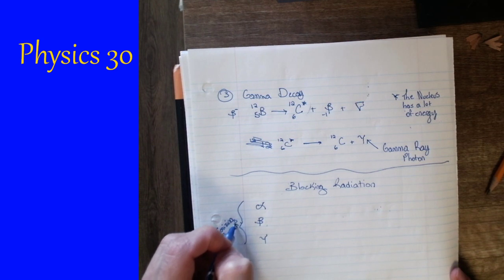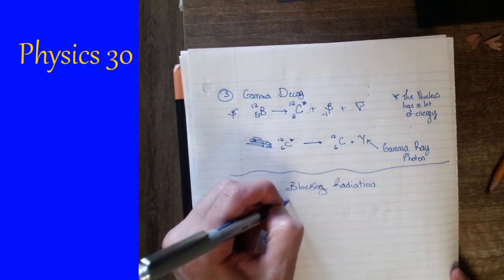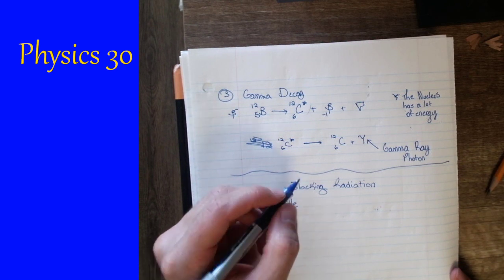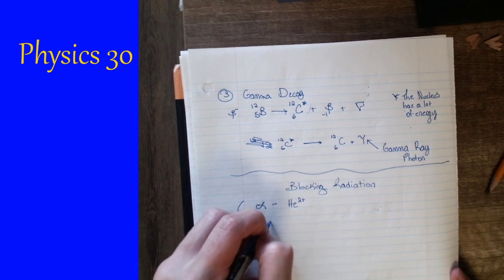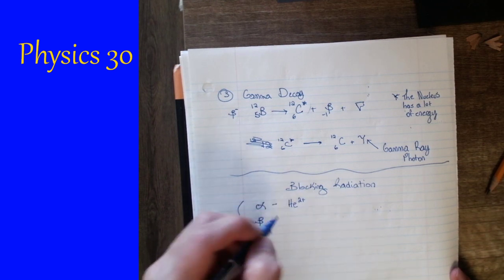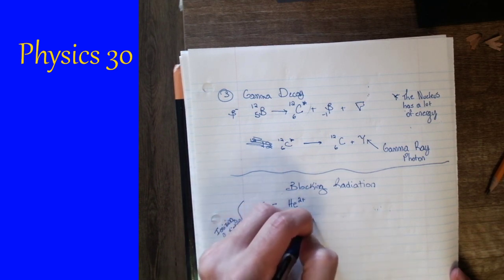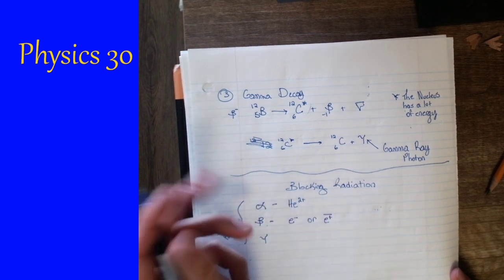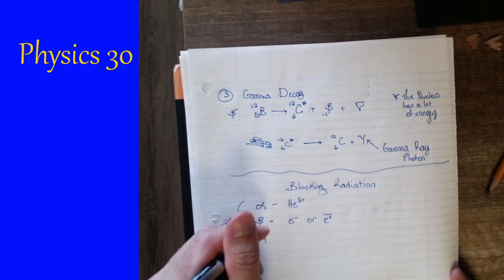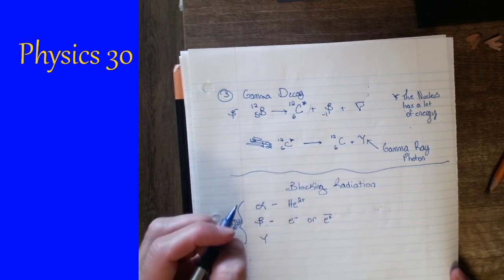And so we have to kind of take a step back and think, okay, this emits a helium nucleus. And this emits either an electron or positron. So you have a beta minus particle or a beta plus particle.